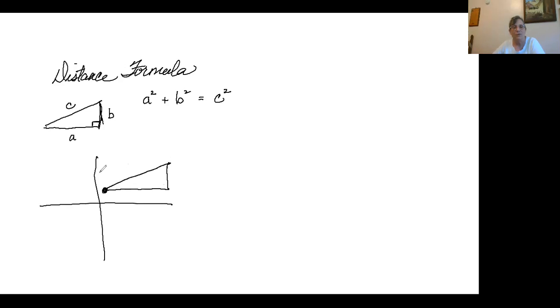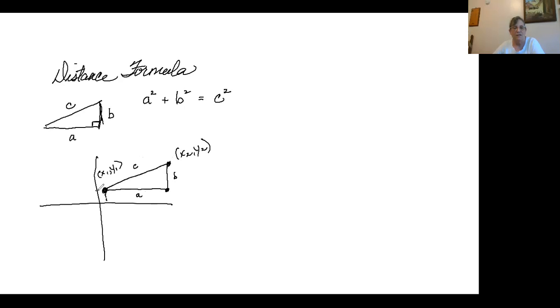So if this is the point x1, y1, and this is the point x sub 2, y sub 2, then the distance from here to here is going to be this distance squared plus this distance squared will give you this distance squared. So here's our A, here's our B, here's our C.